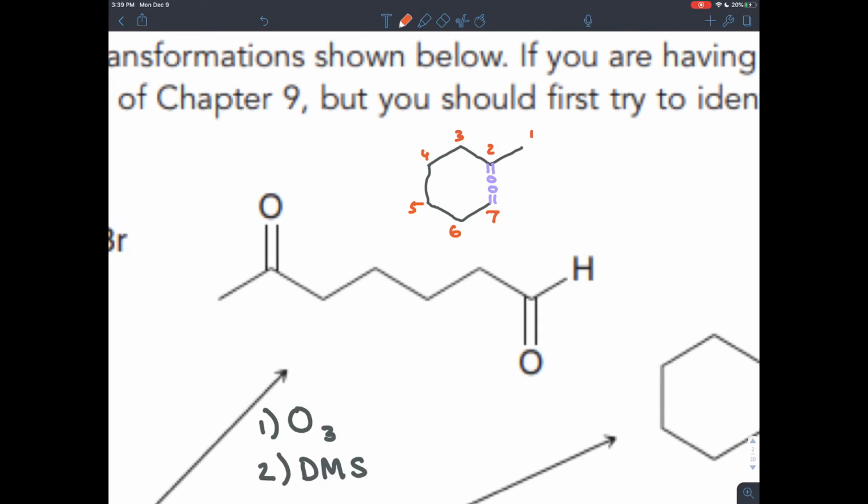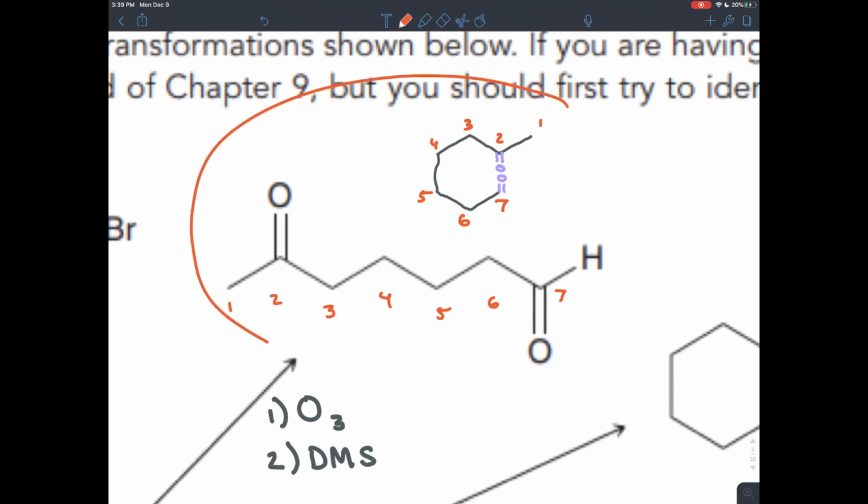I'm just numbering it to keep track of stuff. I'm going to number this one also, 3, 4, 5, 6, 7. And what you'll notice is that we have a carbonyl on carbon 2 and on 7, and that we have 7 carbons. And so you can see, once you number this, that these are really the same molecule.